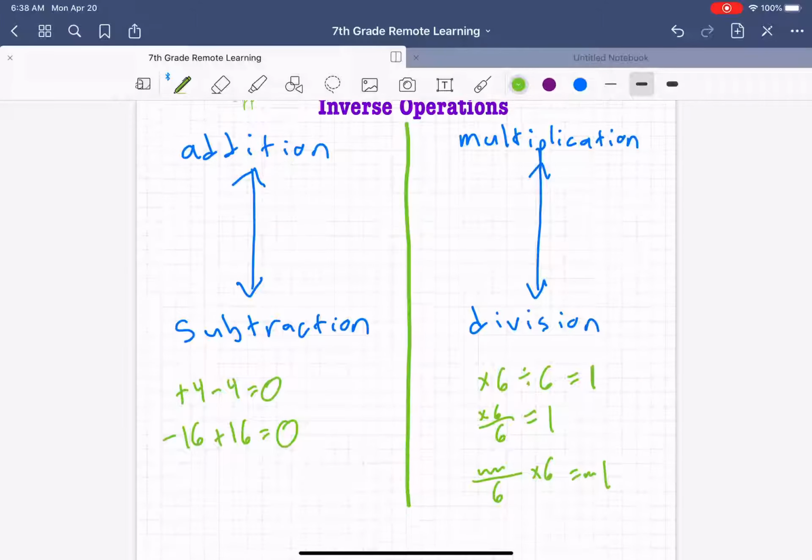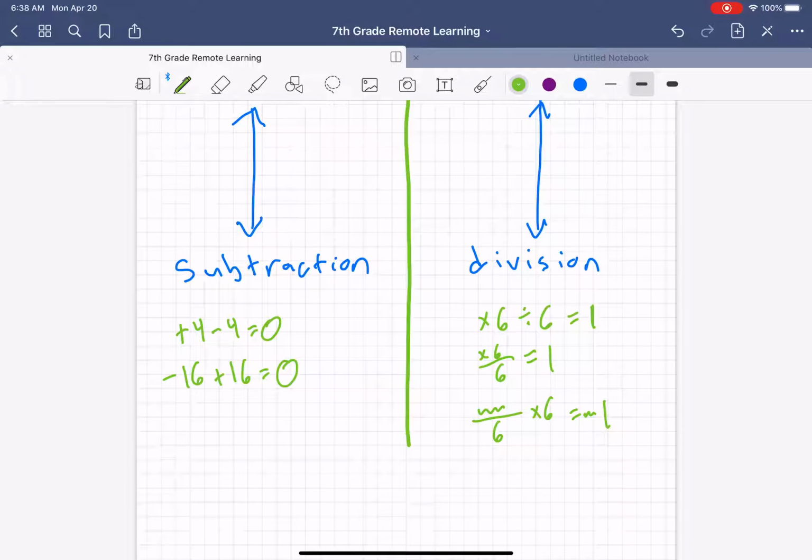So when we use addition and subtraction together, we get 0, which is the additive identity, meaning that when you add something to 0, it doesn't change.